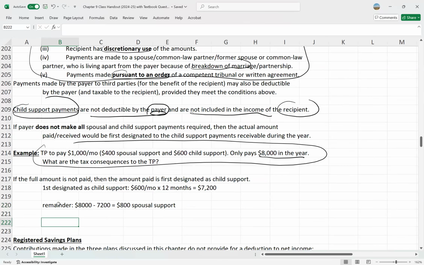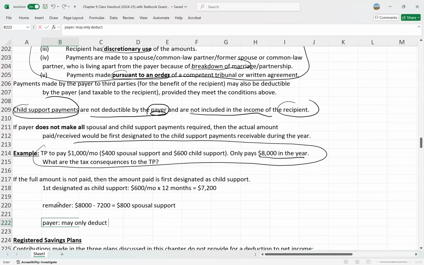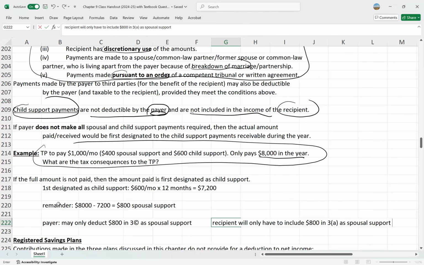So what does that mean? The payer may only deduct 800 in 3C as spousal support. What that also means is that the recipient, the person that is receiving the payments, will only have to include 800 in 3A as spousal support received.